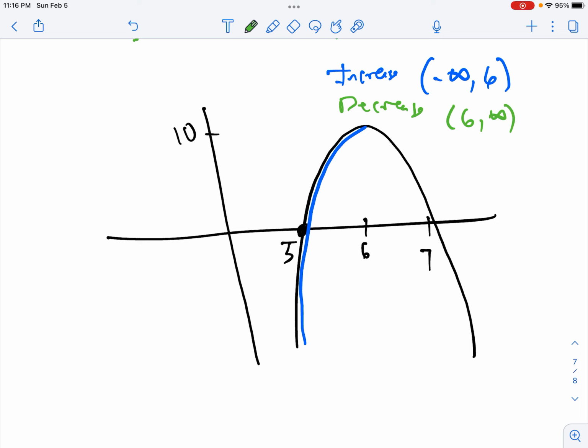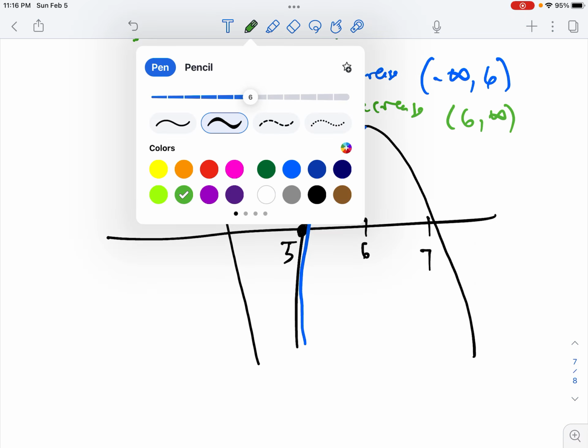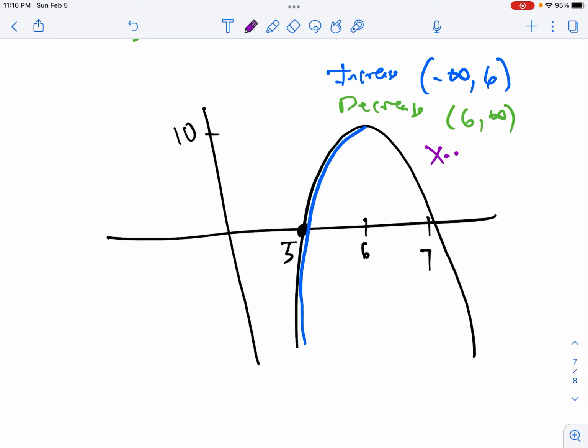Okay, now let's change color here. Let's do x-intercepts. Remember, x-intercepts are coordinate pairs. So this is going to be (5, 0) and (7, 0). Now my zeros are just the x values, x equals 5, 7.